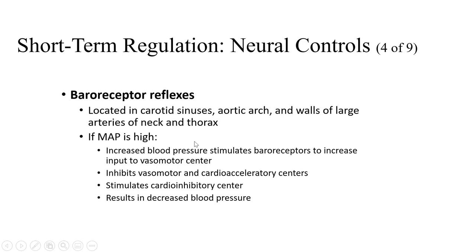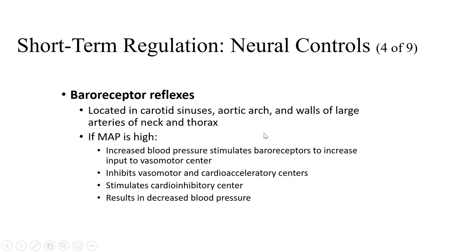Baroreceptors are receptors that sense a change in pressure. They are located in the carotid sinuses, in the aortic arch, and the walls of the large arteries of the neck and the thorax.